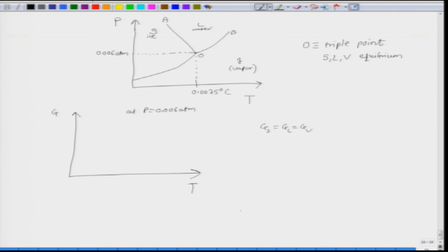So, I will have three curves which intersect at one point. So, if I draw these three curves, let us say one for solid, one for liquid and then one for vapor.